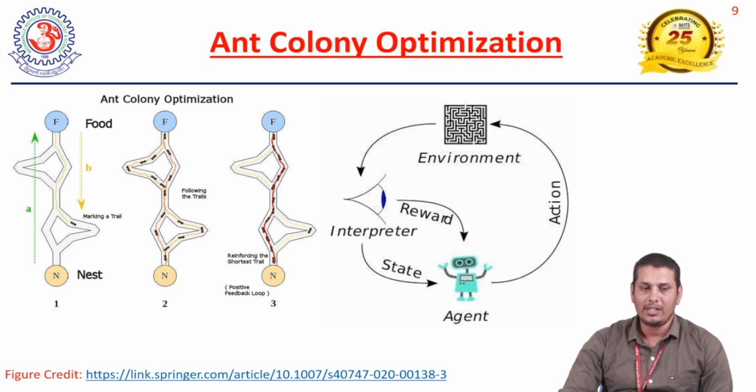So in the first diagram, we have a nest N and the available location of the source, that is food. From source to destination, I can have more than one different path, because it's not going to be a straight line until it identifies the solution or the target. So it can travel in different numbers of paths.